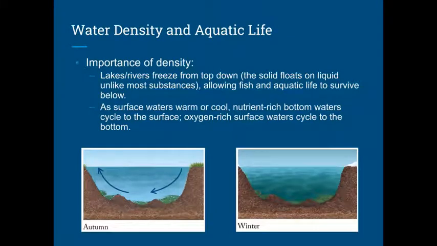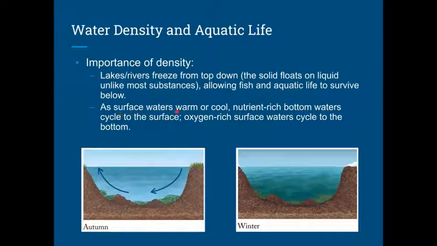So this is relevant in real life for aquatic life. You probably all know that some lakes and rivers will freeze, and they freeze from the top down. So the solid floats on liquid, unlike most substances, which allows fish and aquatic life to survive below. So imagine if it froze from the bottom, it would freeze completely solid and all the fish would die during the winter.